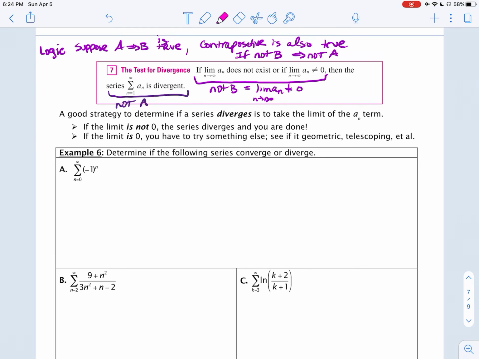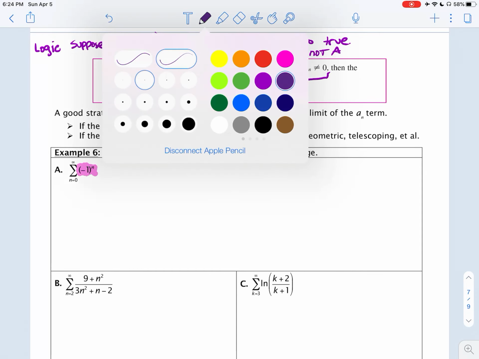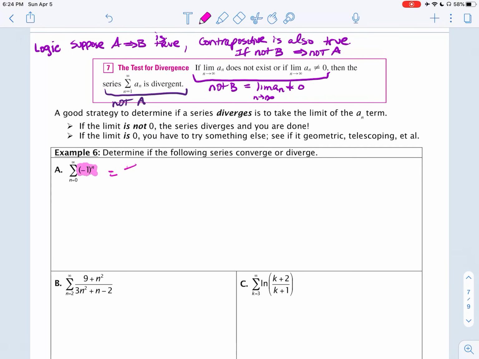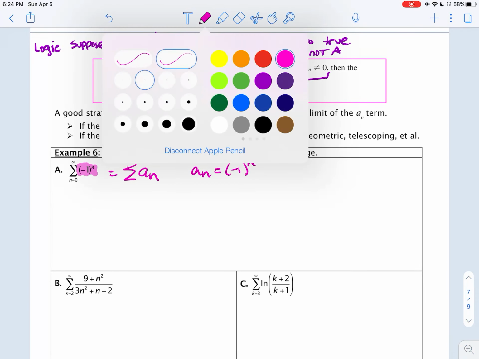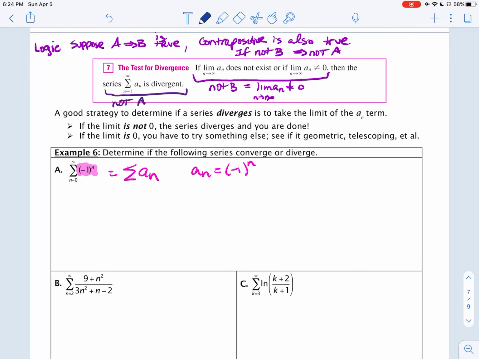Remember that our a sub n will always be, in a series, the entire expression. So in this case, this is the sum of a sub n, and so a sub n here is minus 1 to the n. Using the test for divergence, I can say, does the limit as n goes to infinity of a sub n not equal 0 or does not exist?